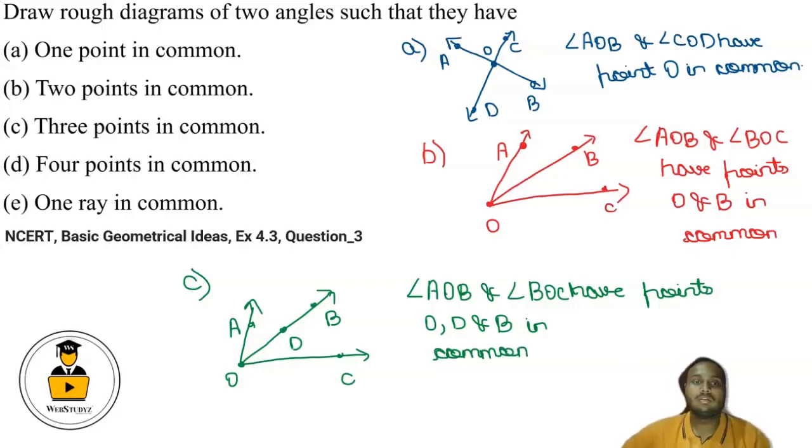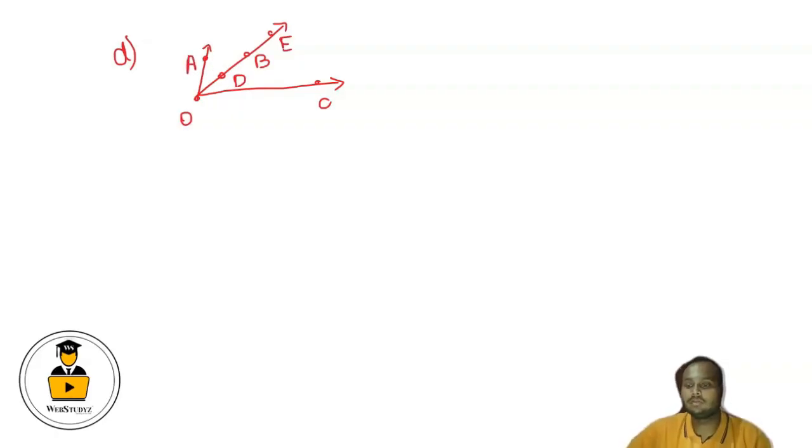Fine. Now for the D part, we have been asked that 4 points in common in D part. Fine. So let us draw its diagram also. This be O, this be C, here E, B, D, and here be A. Fine.